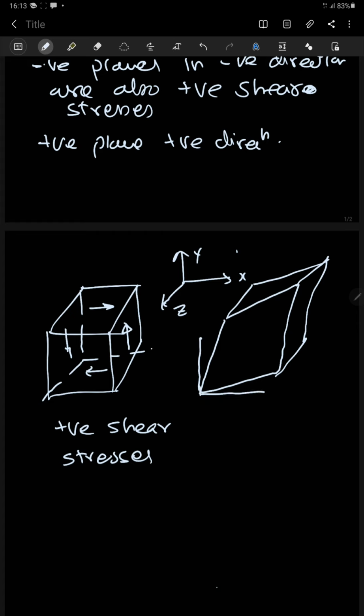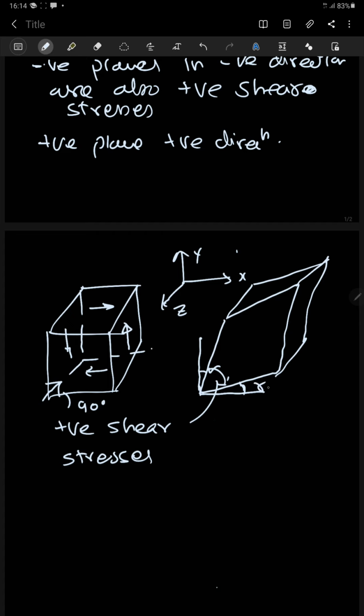And you will be able to see, if you draw the straight lines of the sides of the cube, that earlier the angle between two sides was 90 degrees, and now it becomes less than 90 degrees.